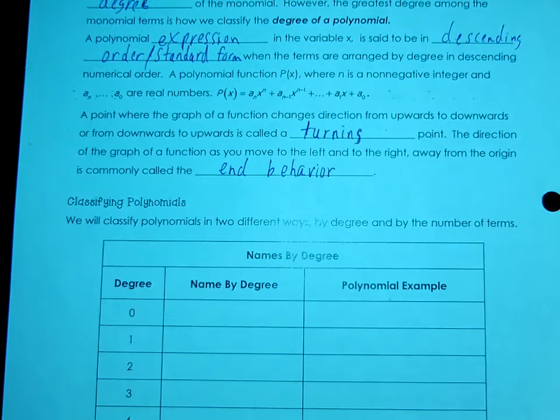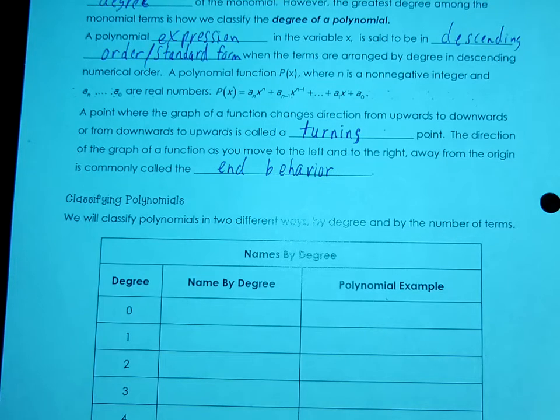Alright, so we're going to classify polynomials according to either degree or by number of terms. So the classifications by degree, I'm going to look this up right now real quick so I don't get it wrong. Okay, so the names by degree.